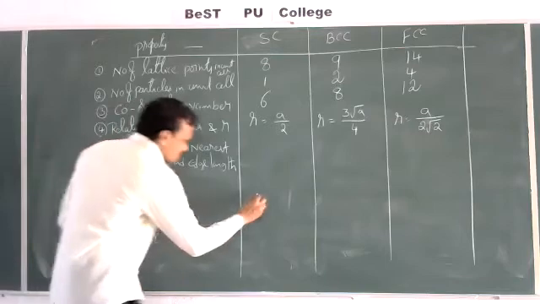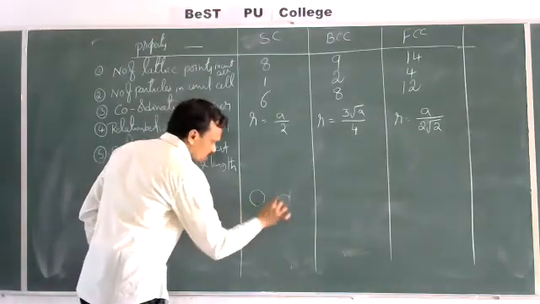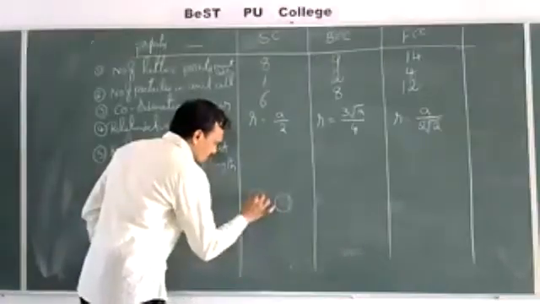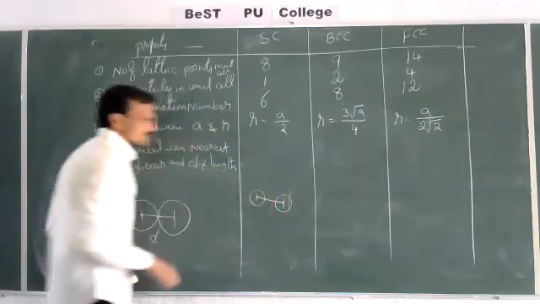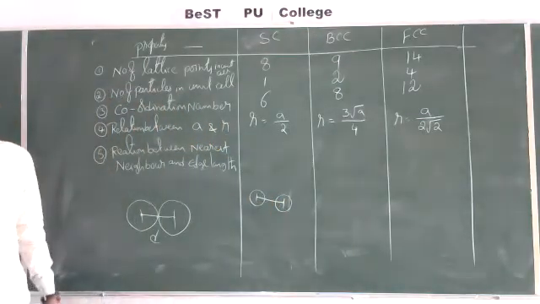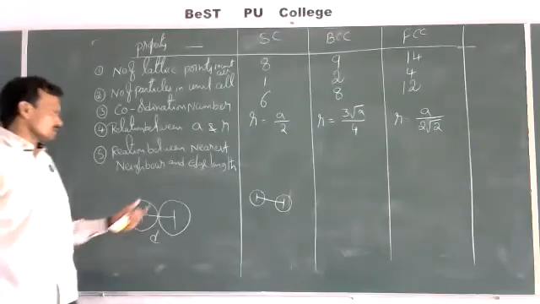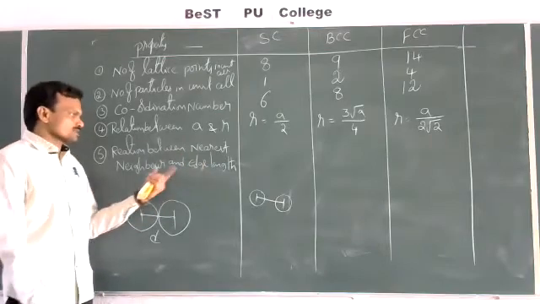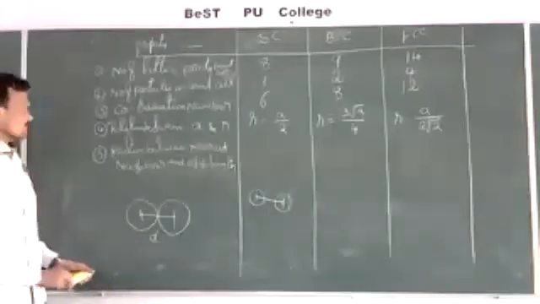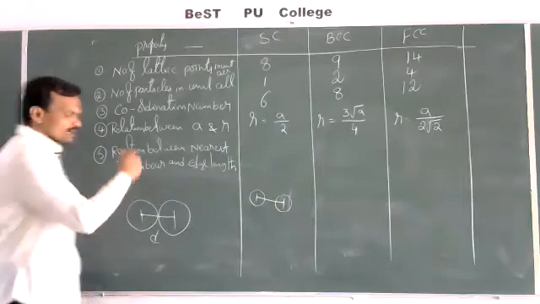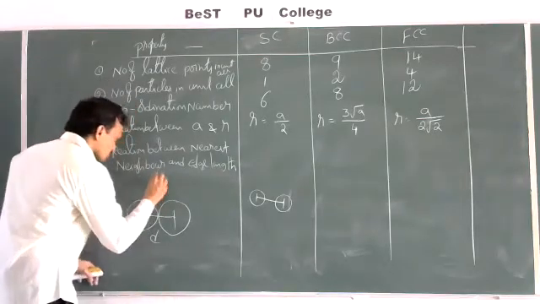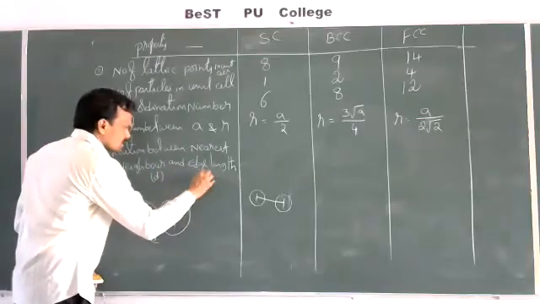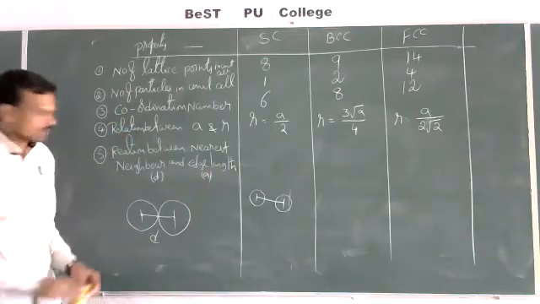Suppose like this also it may be present, whatever it may be. The distance between the nuclei of the two nearest neighboring particles is called the nearest neighboring distance. This nearest neighbor distance is represented by the symbol d and edge length is the symbol a we use commonly.